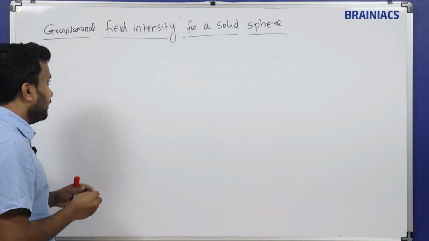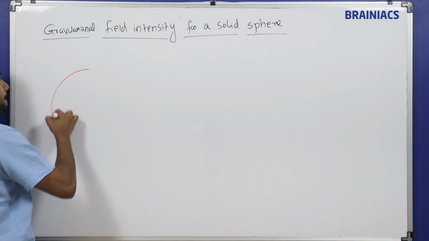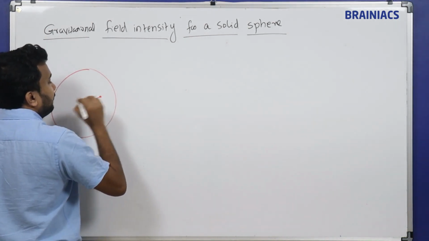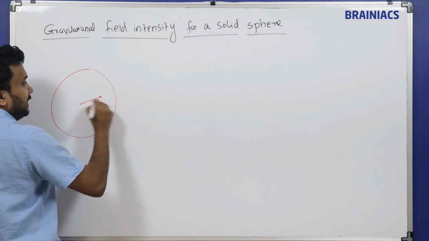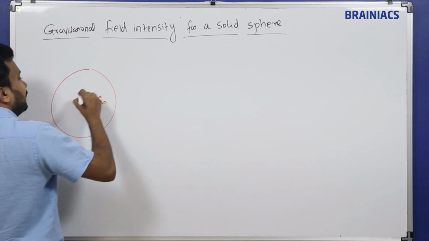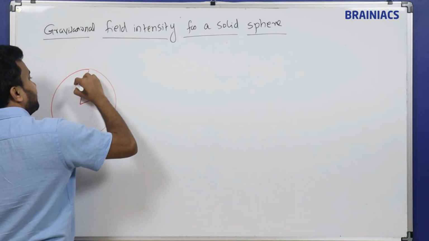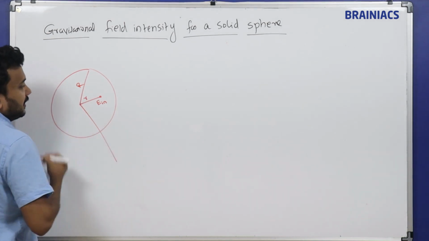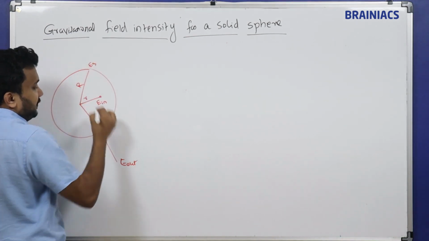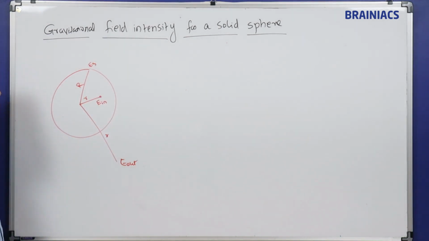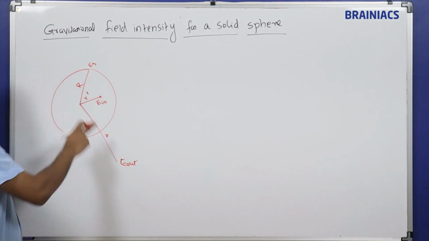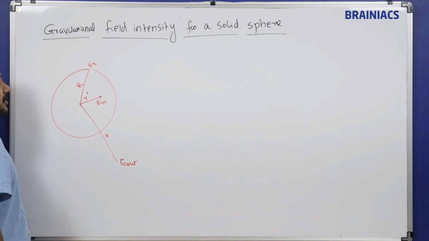So let's have a solid sphere on the board. For its inner point, we are going to calculate the gravitational field intensity E at a distance of small r, at the surface at a distance of capital R, and outside at a distance of R dash. So there is no confusion: R dash, R and small letter r.